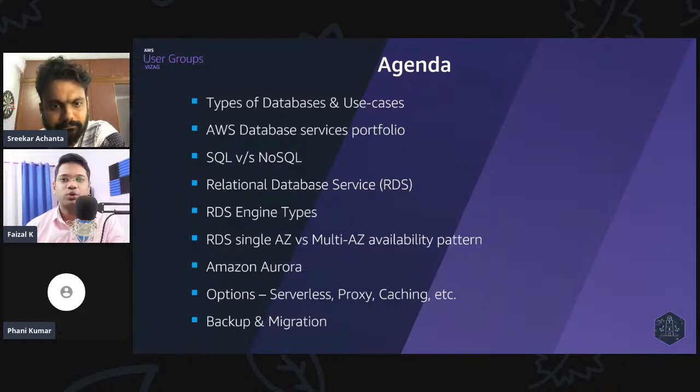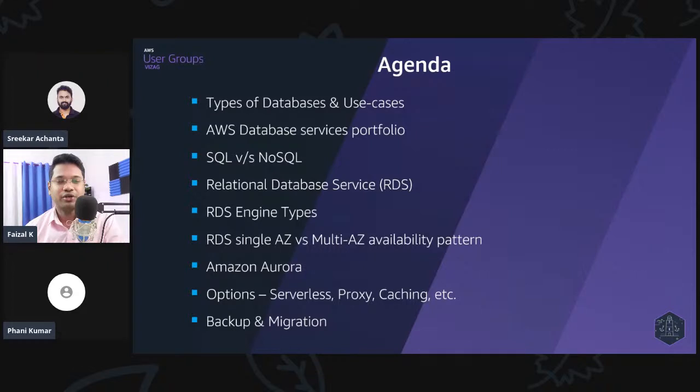And then post that, we'll look at some additional options that you have when you use the AWS database services when it comes to things like serverless, proxy, caching, etc. After that, we look at the options of backing up your databases and also the option of migrating your databases from your existing in-house database that you want to migrate into AWS.